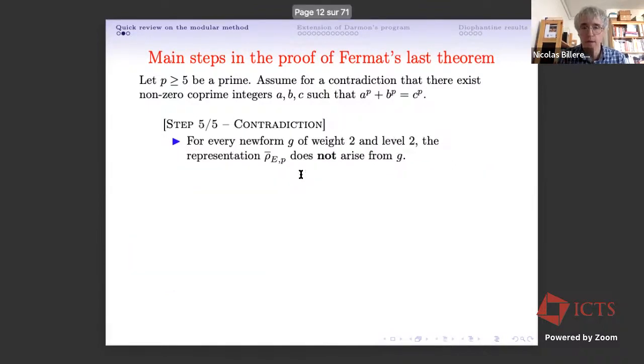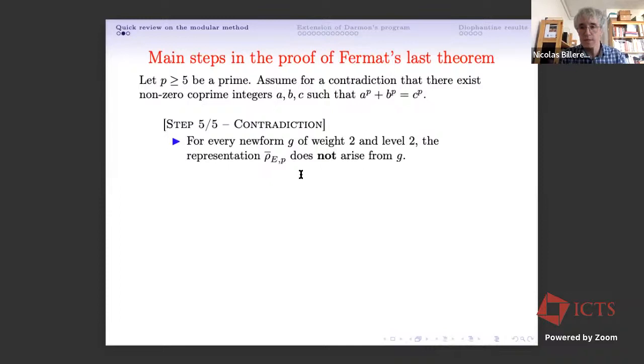And there is a final step, the fifth step, which I call the contradiction step. That just says that we have reached a contradiction, because we know that this mod P representation arises from a newform of weight 2 and level 2, but it's a basic fact in the theory of modular forms that there are no such forms.